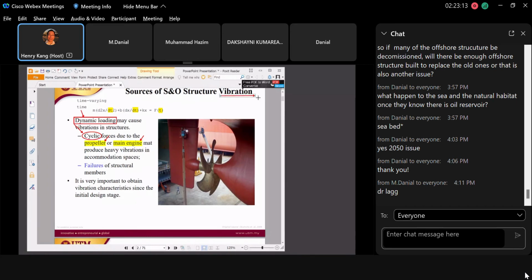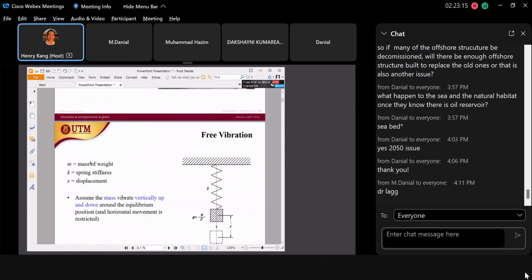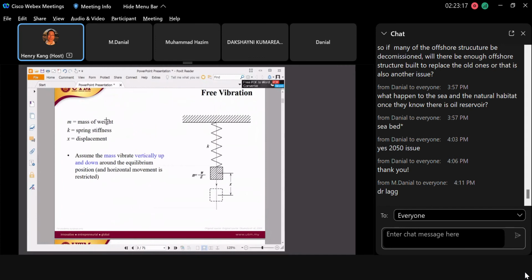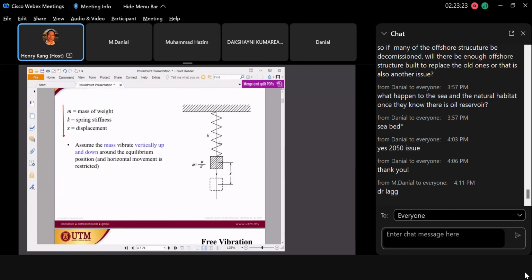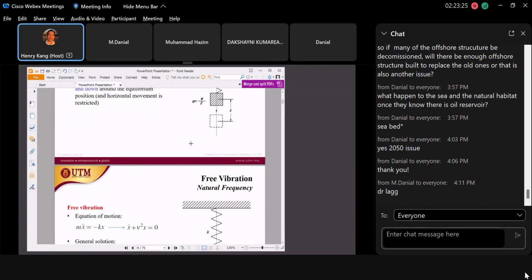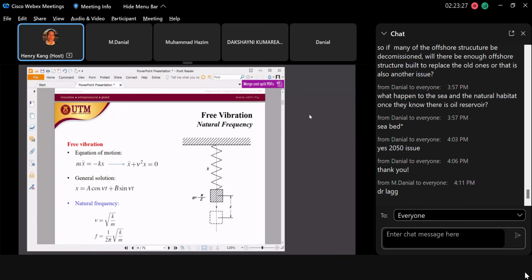All right, okay. So this is the free vibration equation. I will go back to the MKS. This is just a revision, I believe, because I believe you still remember some of it.